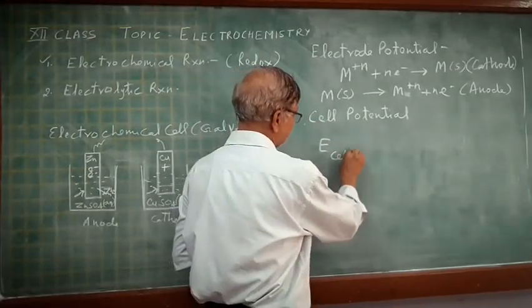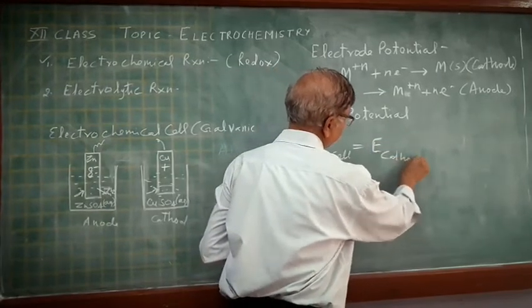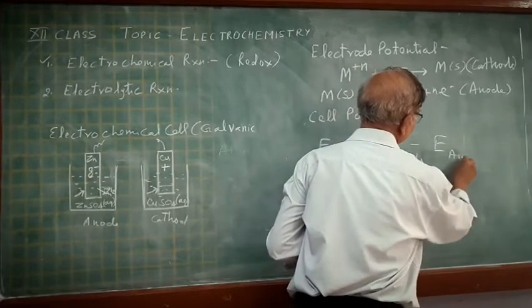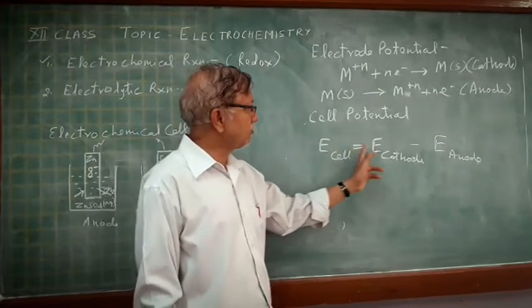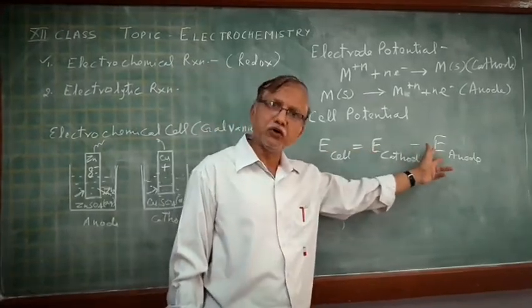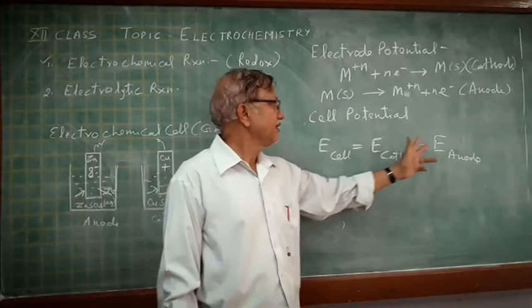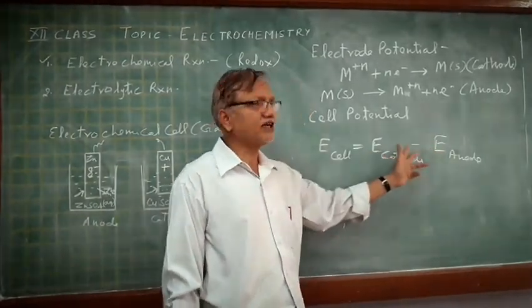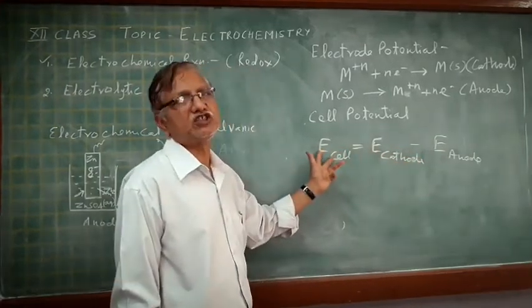E cell equals E cathode minus E anode. E cathode means the electrode potential of the cathode, E anode means the electrode potential of the anode. When we take the difference of these two electrodes, it gives the cell potential.